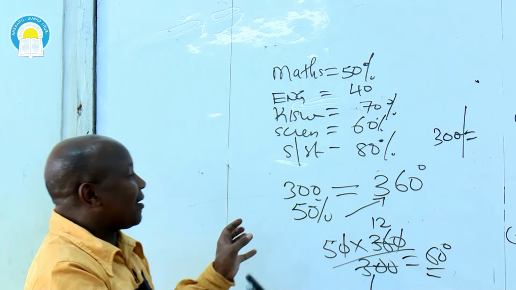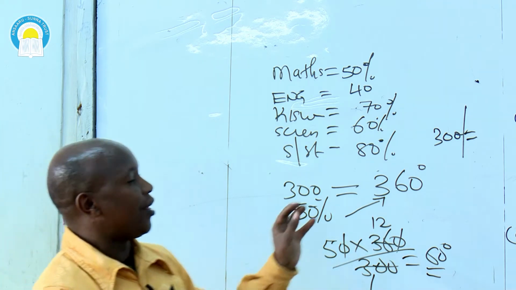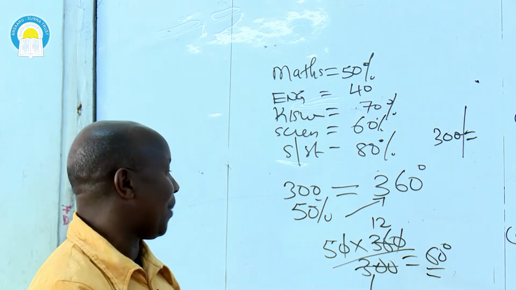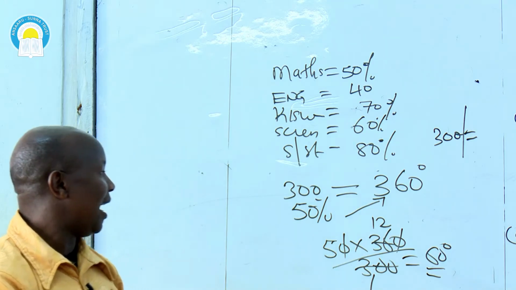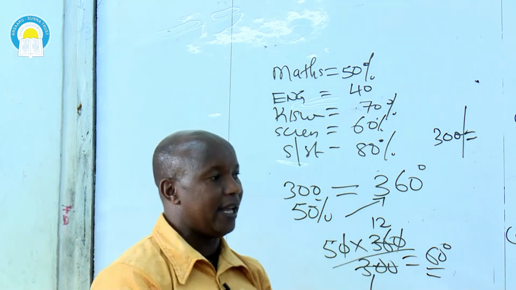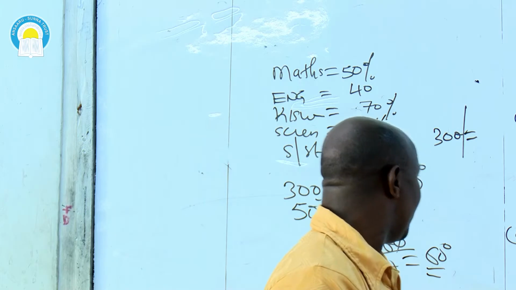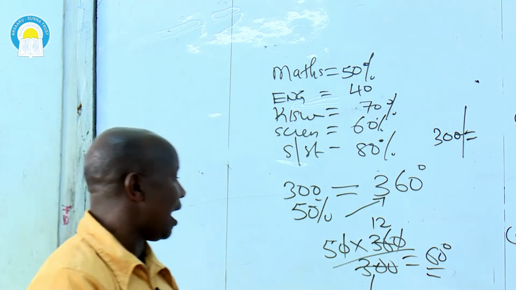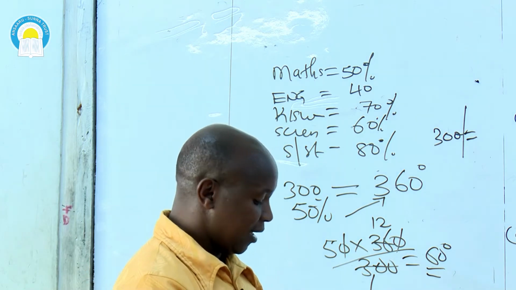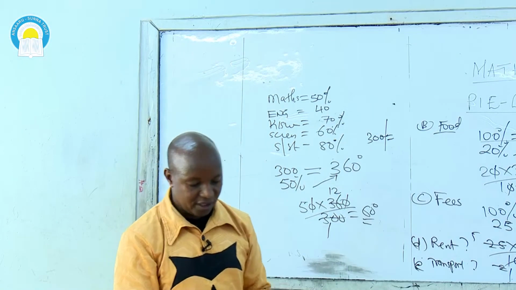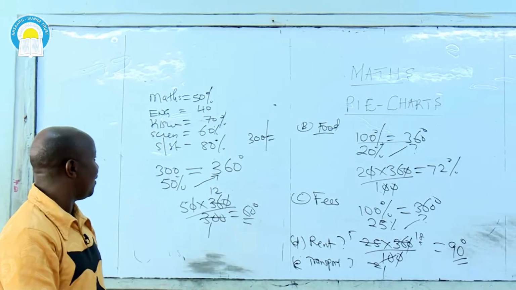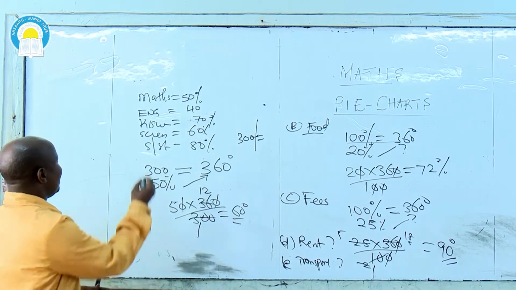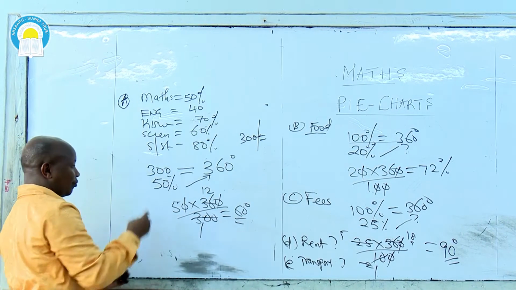Just get the total marks and equate the total marks with the total number of degrees in a pie chart. In my case here, I have 300 equivalent to 360 degrees. Then what about 50? When you cross multiply, your answer remains 60 degrees, which is a very important point that you must understand. That is now mathematics.